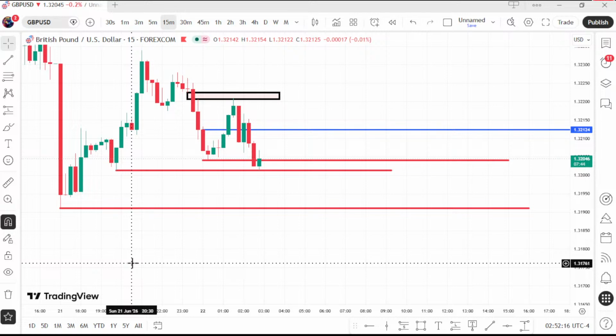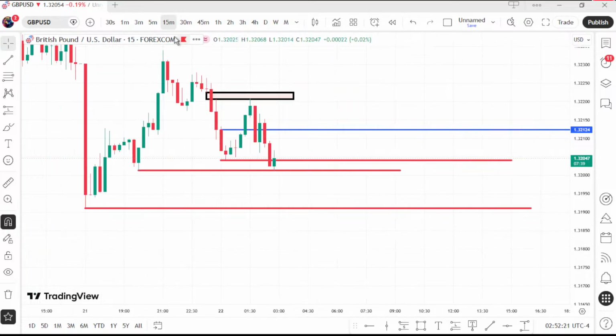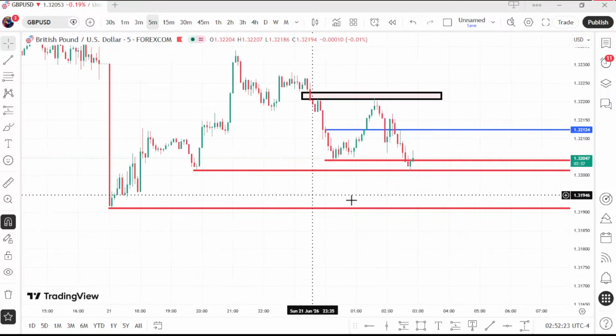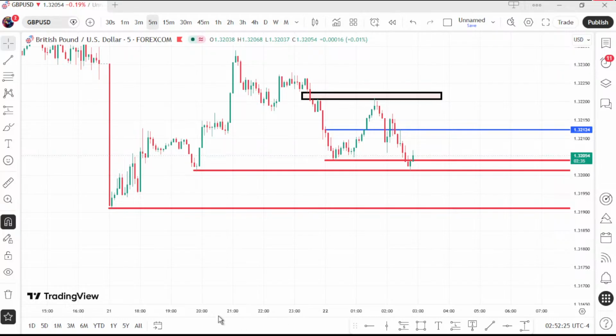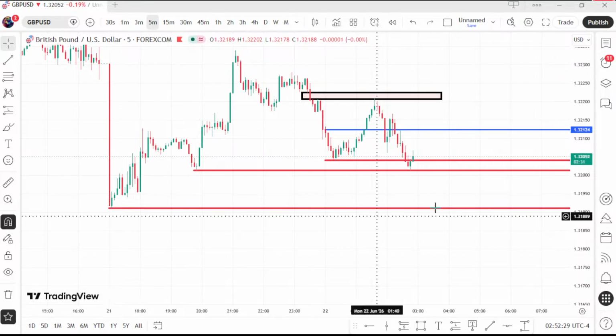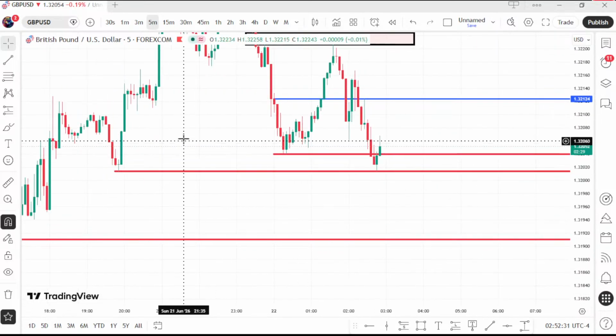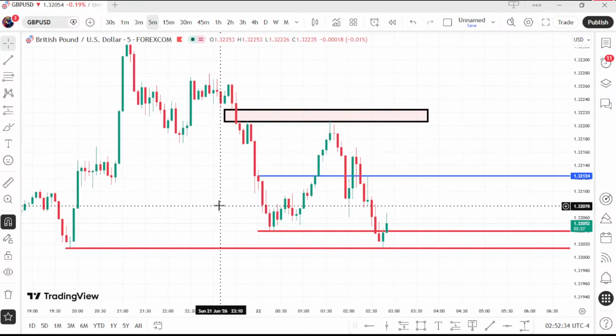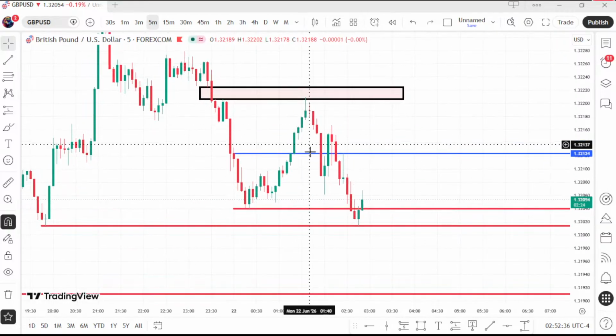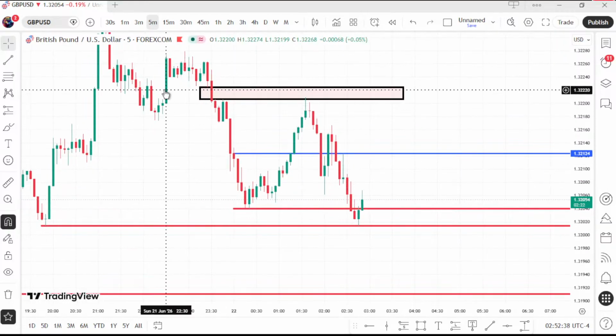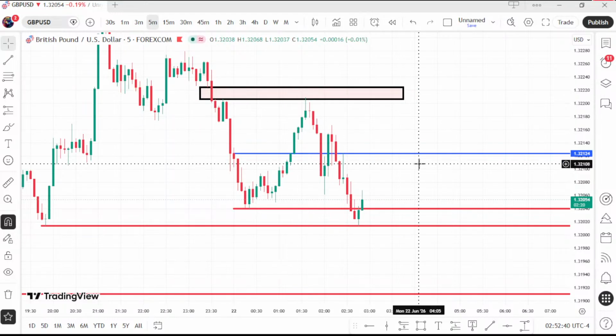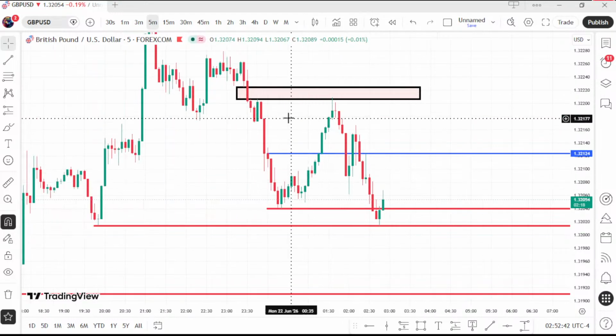This is the first day of the week, so we are not going to press so hard. What I was expecting in price before it came during the session, I was just looking at these intermarket analyses, like how the market is going, because I knew I'm not going to press so hard.